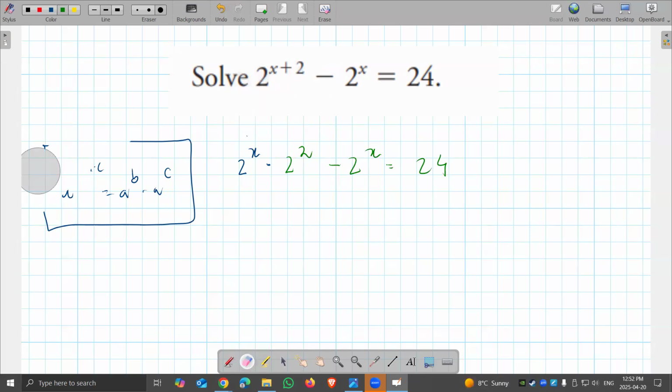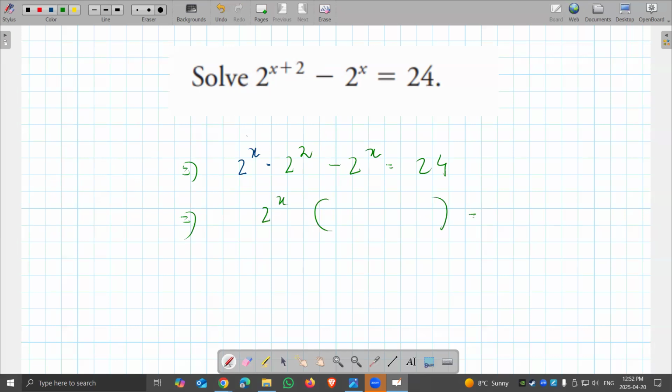What's the next step? Pull out the 2 to the power x's. If you pull out 2 to the power x, what are you left with inside the bracket? 2 to the power 2 minus 1.